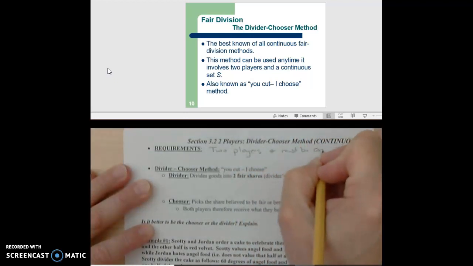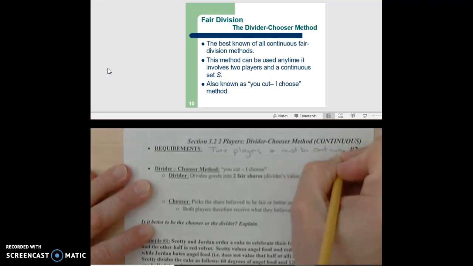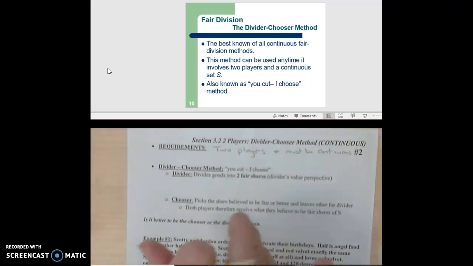I have to have two players and it must be continuous. Which, remember, we talked about is like a piece of cake or pizza or land. It's just things that I could break up in infinitely many different ways. That is what we said continuous was.